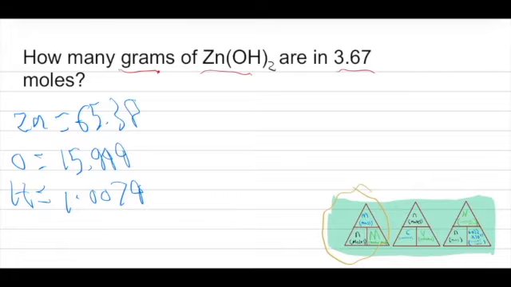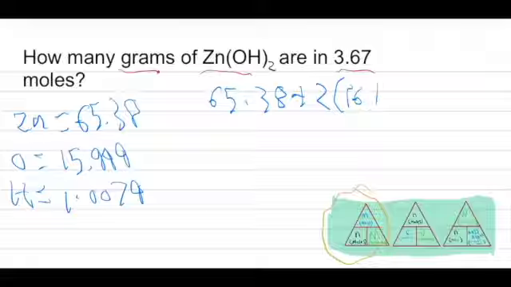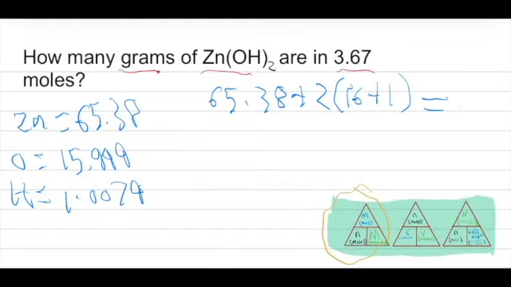Okay? Very straightforward question. Let's find the total molar mass, and that is 65.38 plus 2, and let's just round, 16 plus 1. So that gives you 99.38. That's your MR. Okay?